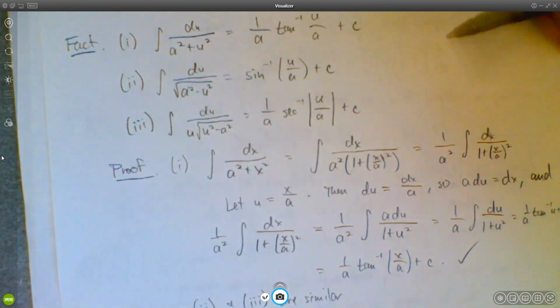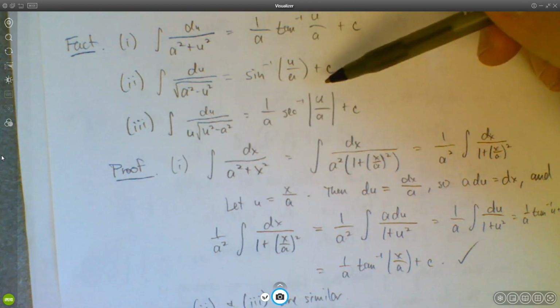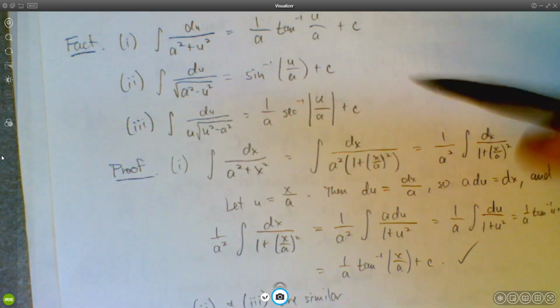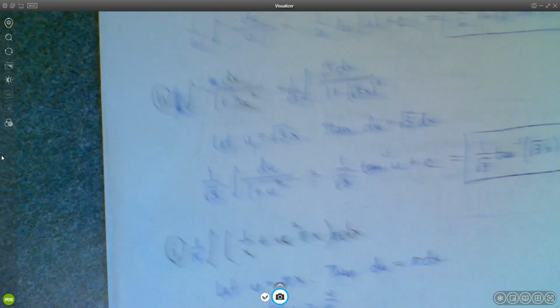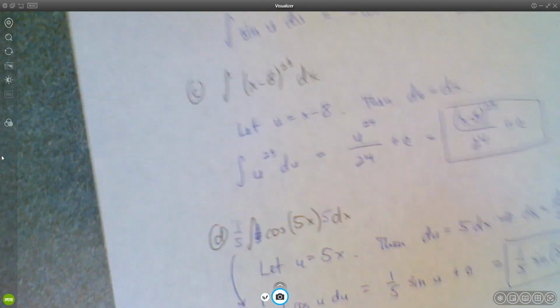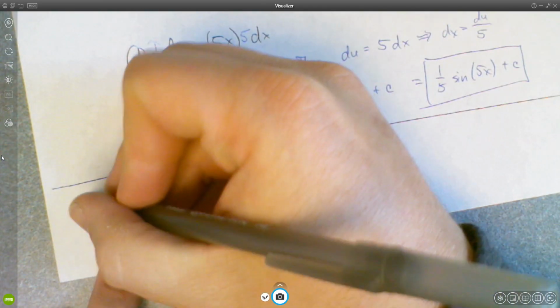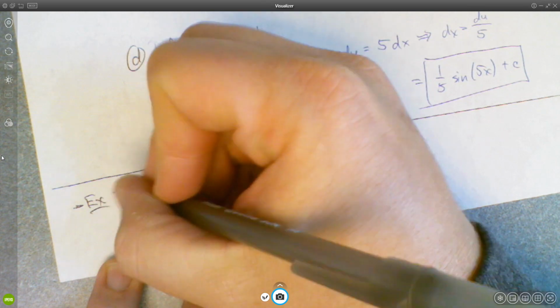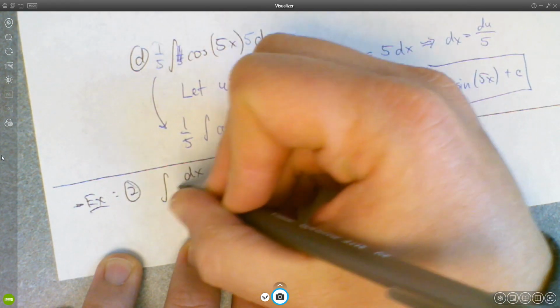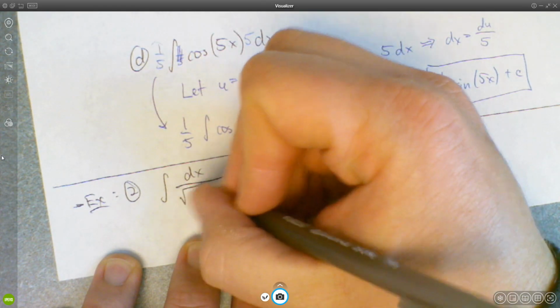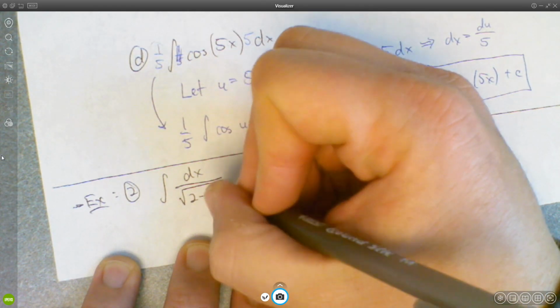The good news is that now we can use these shortcuts, okay? So we don't have to go through this process over and over and over again. So let me just give you one example of that, and then we'll call this section good. I'm going to try to squeeze it in here. So let's do dx over square root of 2 minus x squared.